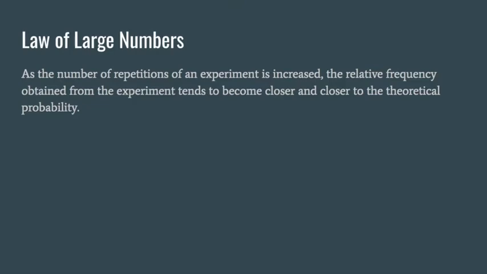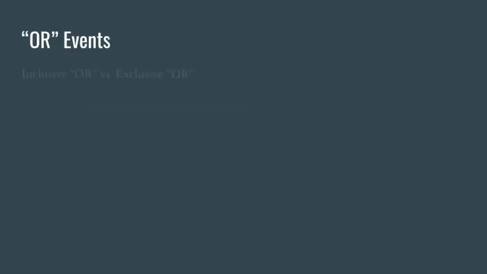But like we just talked about, if we flip that coin 1,000 times, it may not be exactly 500. It might be 505 or something. But it's going to be pretty close to the theoretical probability, and the more times we do that procedure, the closer it's going to get, typically.